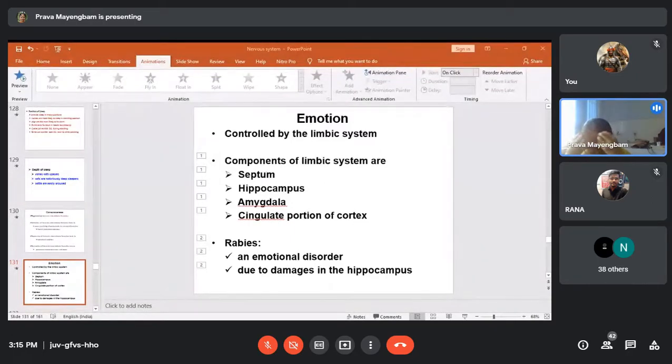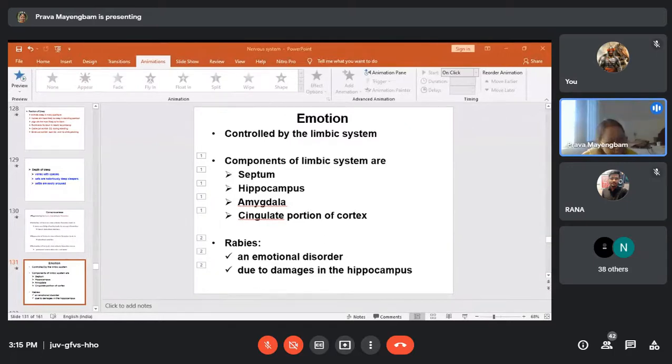If the rabies virus enters the body of any animal, it will travel through the nerves and finally get lodged in the hippocampus.